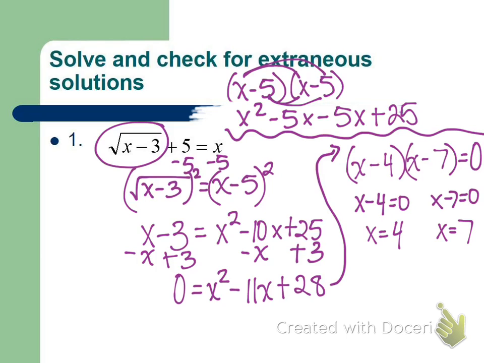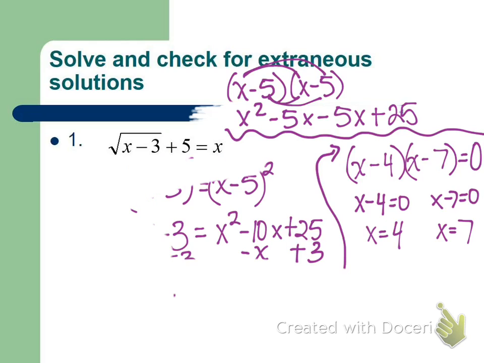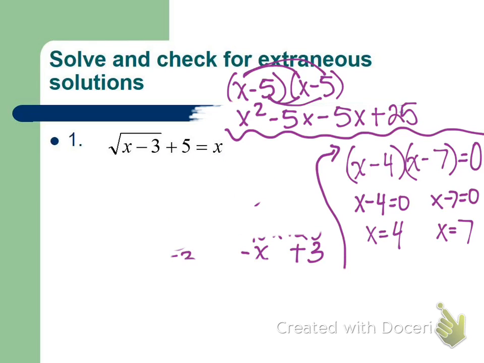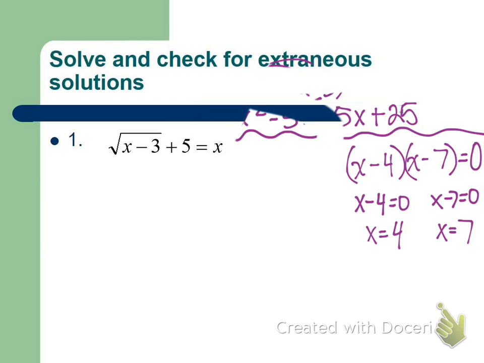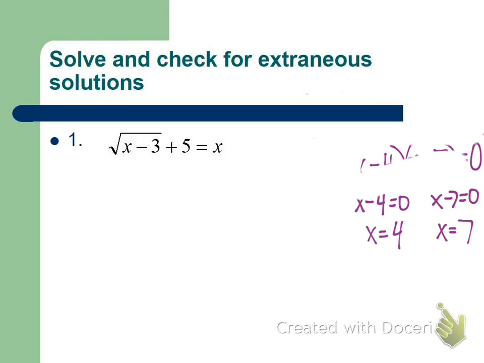All right, so I'll erase this work so that we're able to check it. I will leave the original problem and my solutions so that we can see if we have any extraneous solutions here. When we go to check, we go back to the very original problem. What do we want to check first?